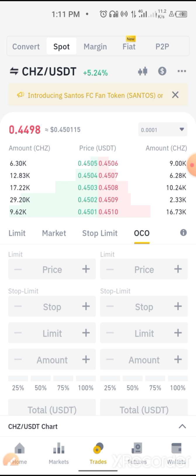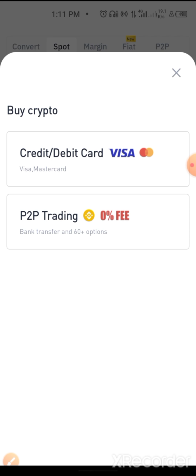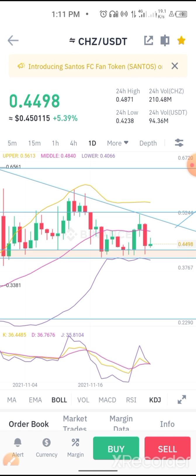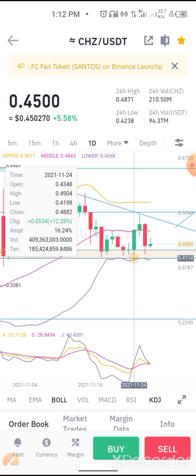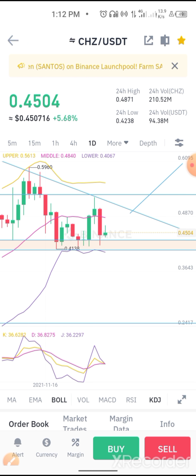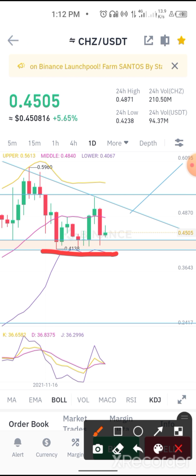Let's say I place my order at 0.41. Okay, that's here. So the price is likely going to go from 0.5 to 0.41. Okay, that was my analysis.